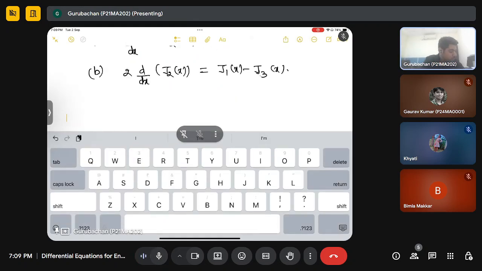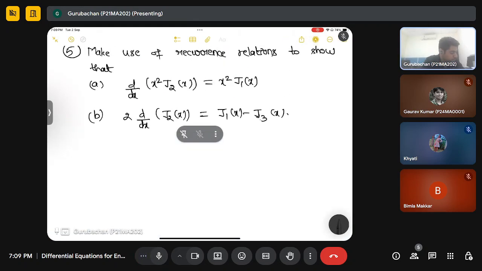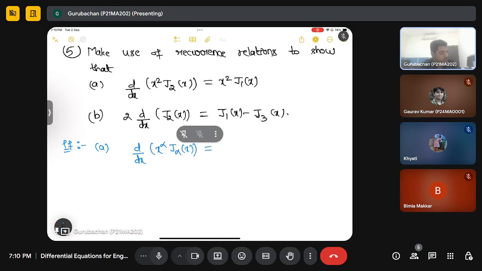Let us start with this first part. So, proof of part A. Let me recall that d by dx of x to the power alpha J alpha x is equal to x to the power alpha J alpha plus 1 x. This holds for every alpha and every x.